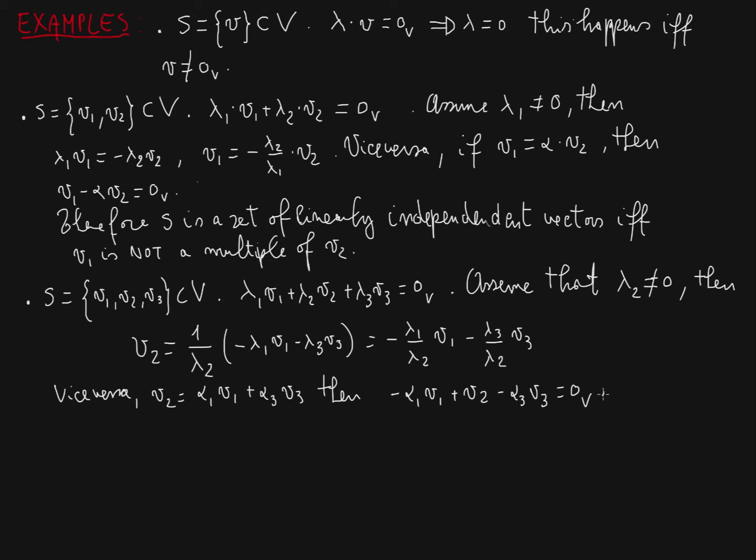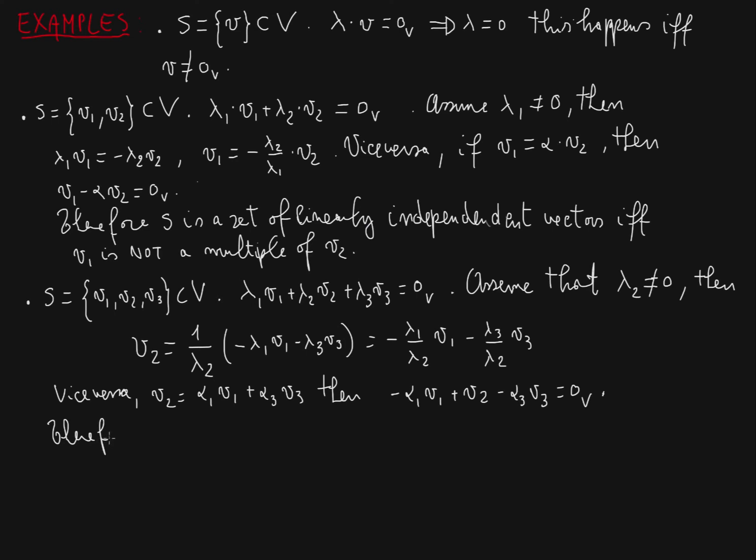Therefore, we can conclude that for three vectors, they are linearly dependent if and only if one is a linear combination of the other two. Therefore, they are linearly independent if and only if there is no vector inside which is a linear combination of the other two. Okay.